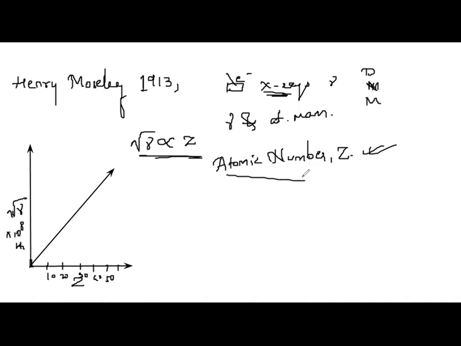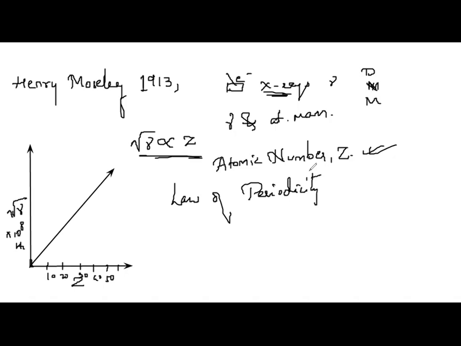So Henry Moseley, for the first time through his experiment, concluded that it is not atomic mass but the atomic number that is the fundamental property. On the basis of his hypothesis, he put forward his law of periodicity.